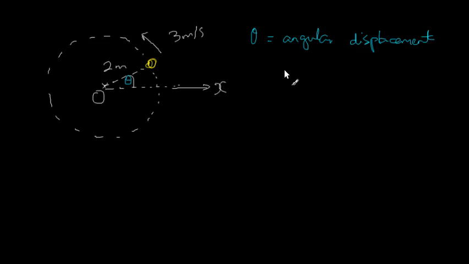So can we also talk about an angular velocity? Right, in motion in a straight line, velocity is the displacement divided by the time taken. So for angular velocity, we can imagine that angular velocity is the angular displacement divided by the time taken.